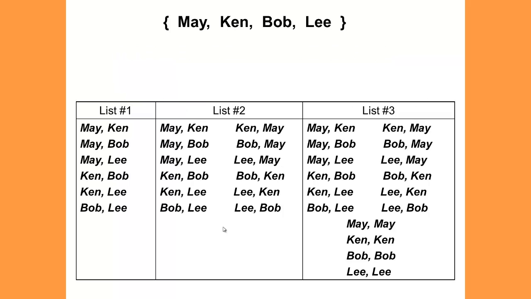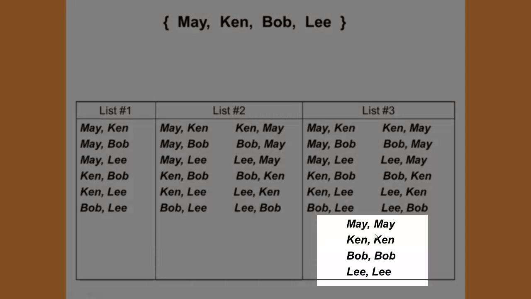First, consider repetitions. Which list allows repetition? List 1 does not allow for selecting the same person twice, nor does list 2. The only list that shows the same person picked twice is list 3, where we have May, then May, Ken, then Ken, Bob, then Bob, and Lee, then Lee.